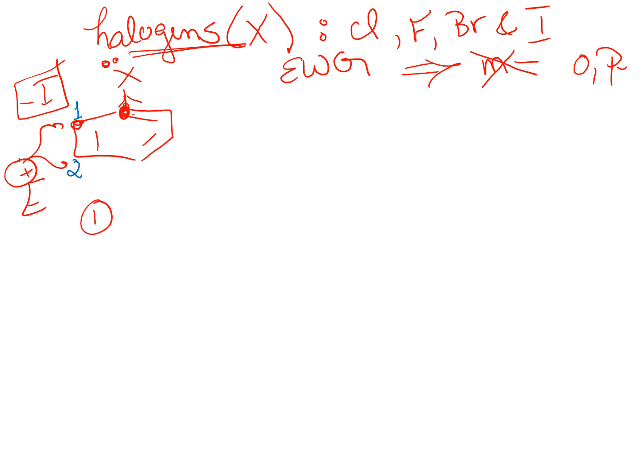Position 1: if the electrophile was introduced to position 1, now you have the electrophile, you have the hydrogen, and you have the positive charge here. And now you have the other double bonds, so you will run a resonance.